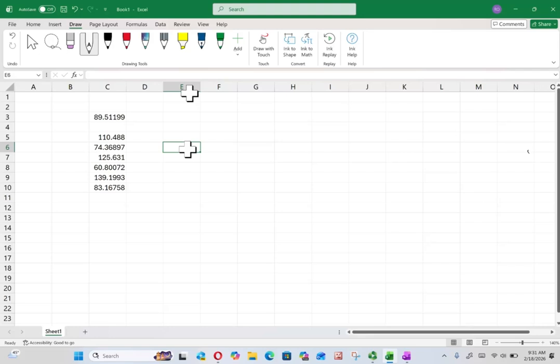The NORM.S.DIST is the standard normal. And I would use it just like before, except for -2, that's a 60 on my 100 average 20 scale, NORM.S.DIST.